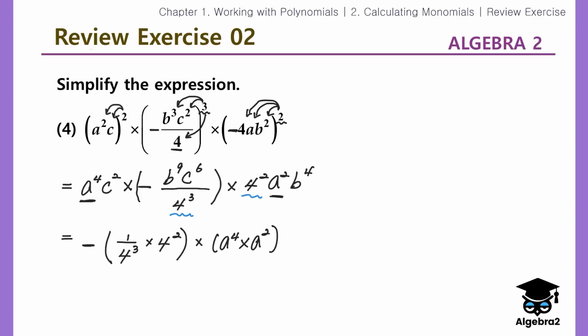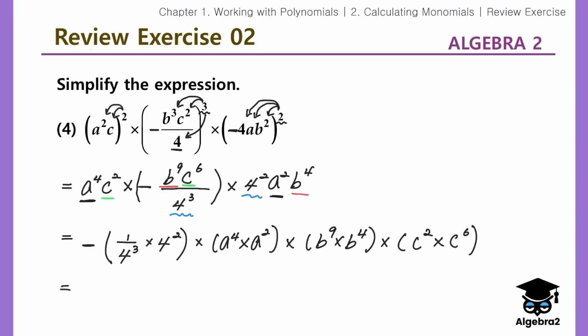And variable b, right here, b to the 9. And we have b to the 4. So b to the 9 times b to the 4. And c, we have c squared, c to the 6. So that's going to be c squared times c to the power of 6.